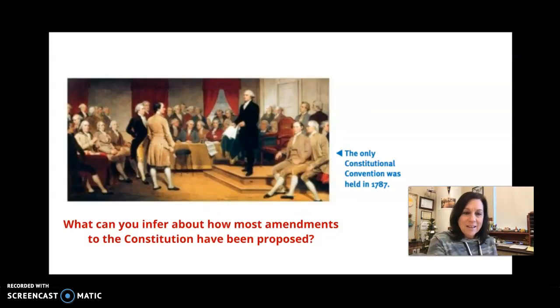Okay, take a look at the picture. It says the only constitutional convention was held in 1787. It says, what can you infer about how most amendments to the Constitution have been proposed? And I underlined that. Have been proposed.